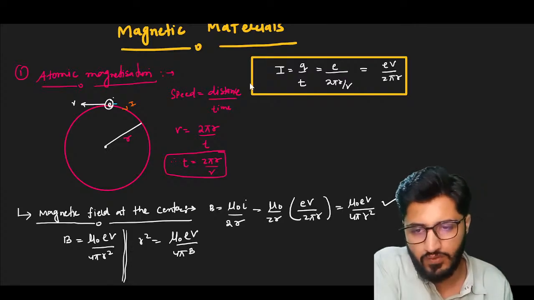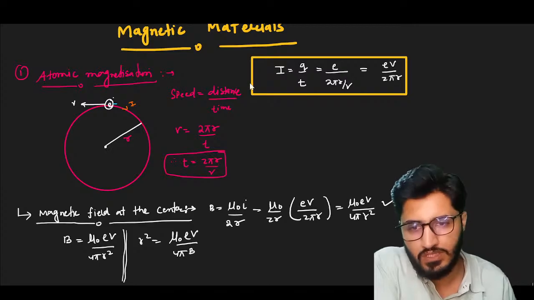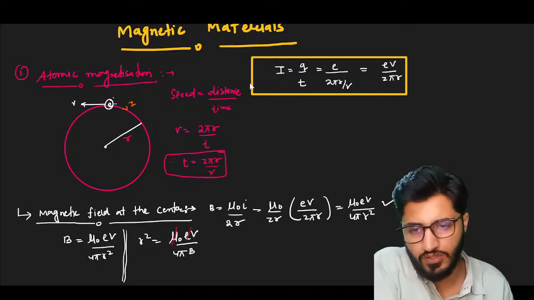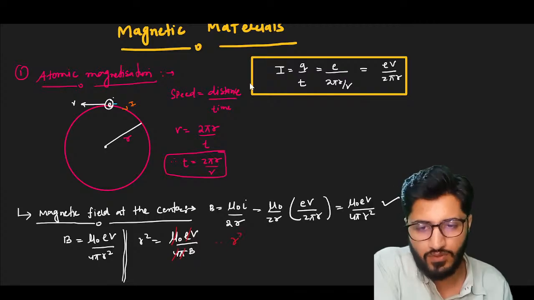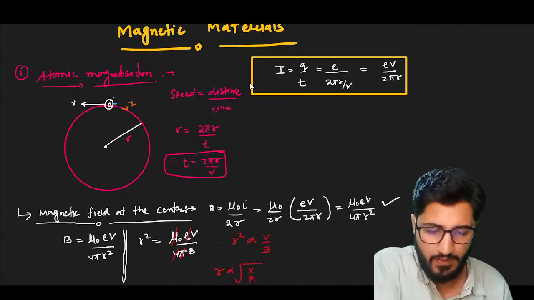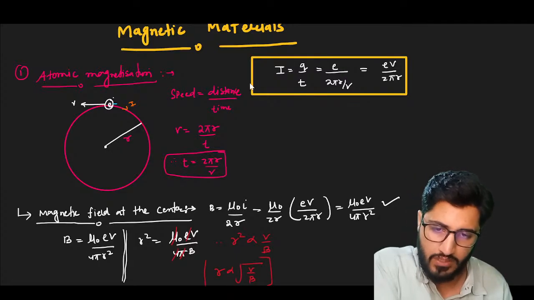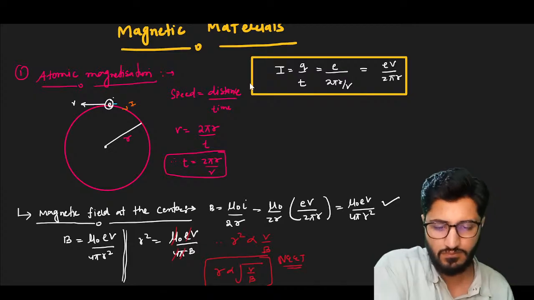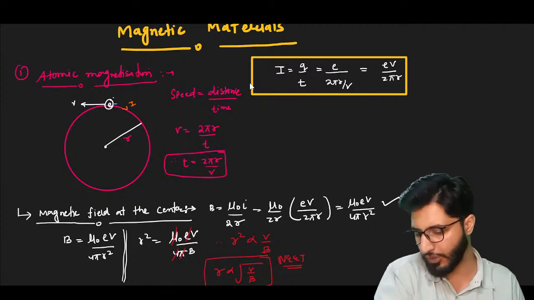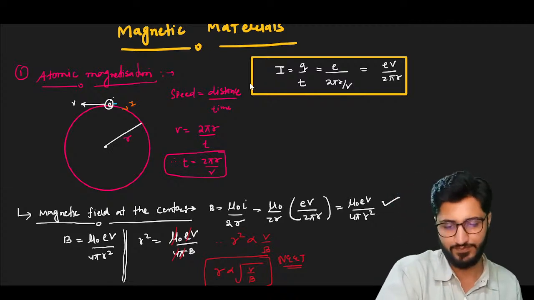Mu naught is constant, charge is constant, 4 is constant, pi is constant. Therefore R square is proportional to V by B, so R is proportional to the square root of V by B. This particular thing was asked in your NEET examination. This is a NEET PYQ.